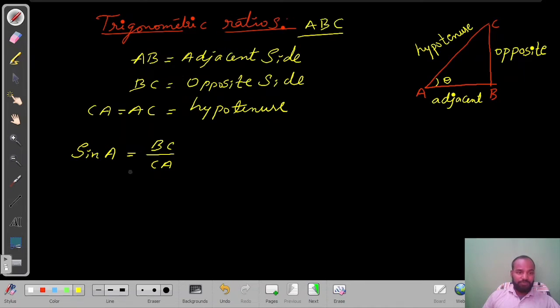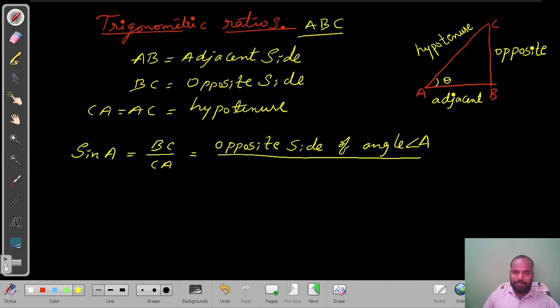Next, sine A equals the opposite side of angle A by hypotenuse.